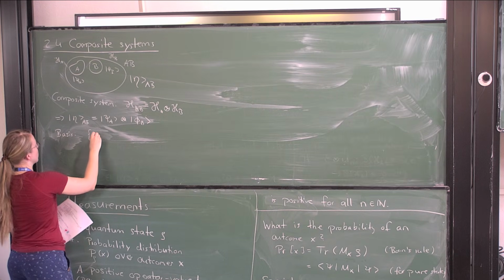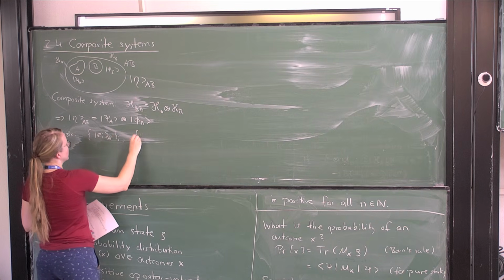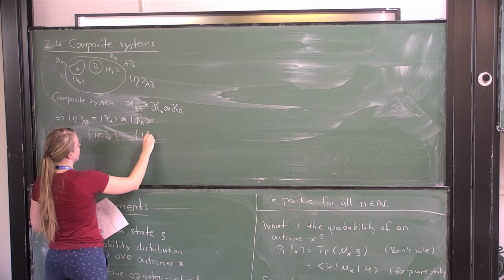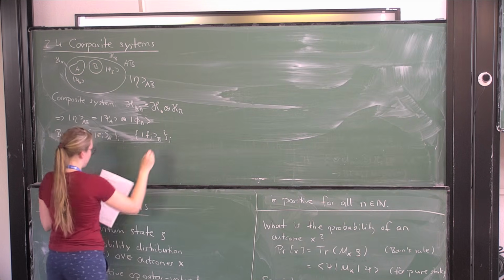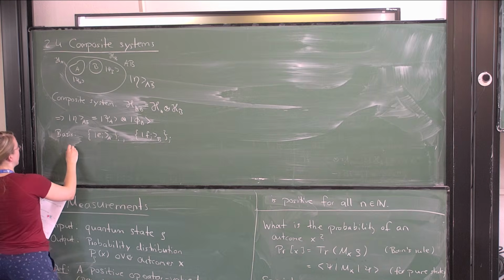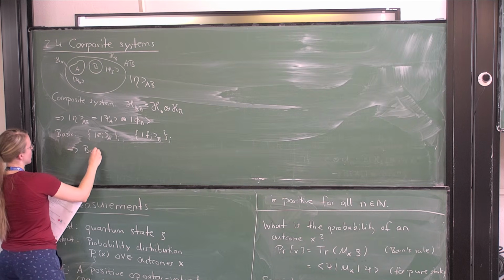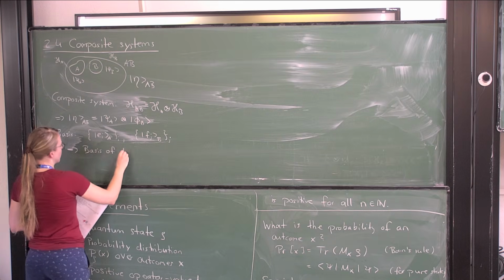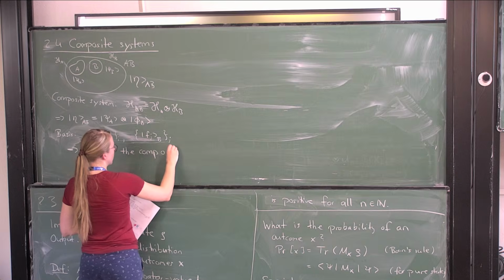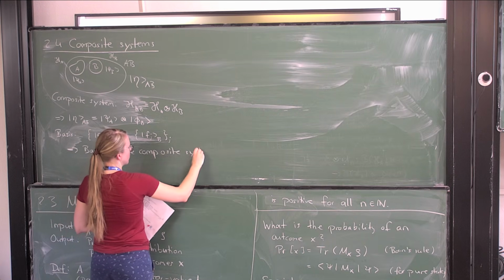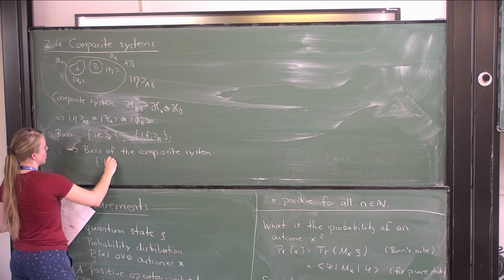I have a basis on A, and a basis on B. Then I get a basis of the composite system by taking all the tensor products.